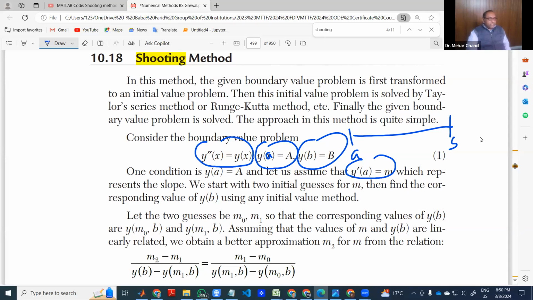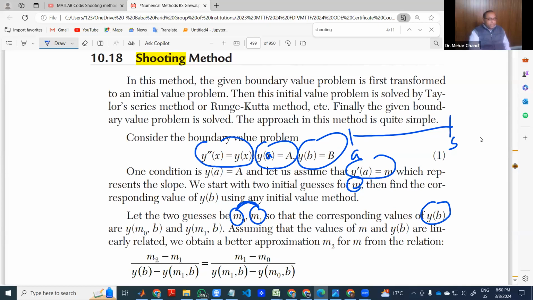Okay, and we start with two initial guesses for m. We will choose two initial guesses, say m0 and m1, and then find the corresponding values of y(b).